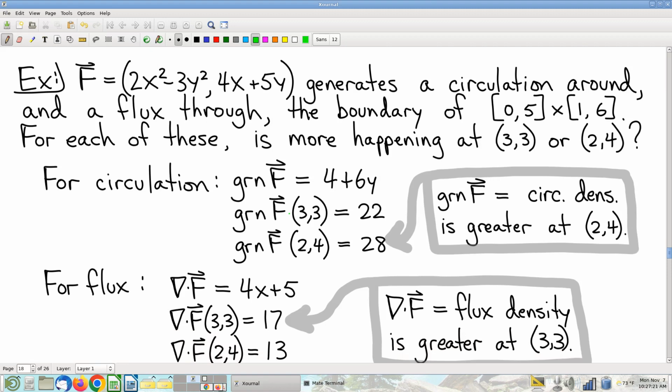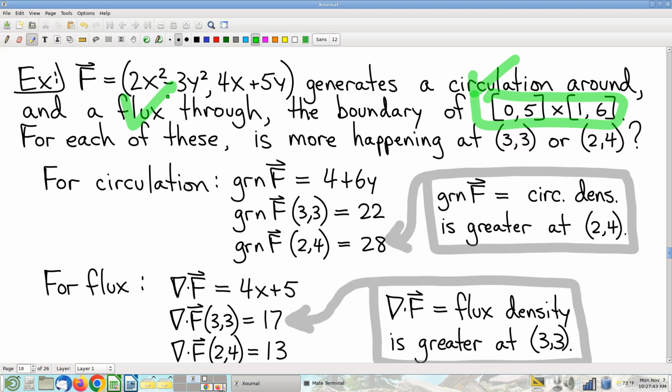We've got a vector field, and I hope it comes as no surprise that if you look at a rectangle, you can talk about how much circulation there is or how much flux there is. We don't even need to compute what those quantities are. Certainly you'll agree that there is going to be some amount.